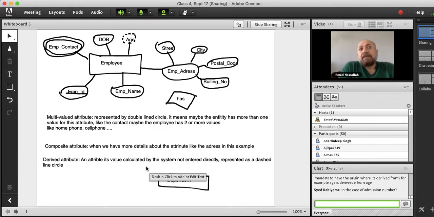So it depends if there is a value we use to derive or to calculate or not. In the case of the admission number, we don't depend on a previous or another value, we depend on a formula.